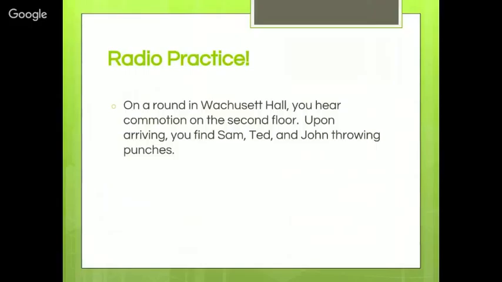So with that response, once again, we're giving that location. For this one, it is a physical altercation, and so the RA is going to give that information. And then instead of saying Sam, Ted, and John, even though we're just using very common names that it could be anybody on our campus, we're not using last names, we still only say 3 males.